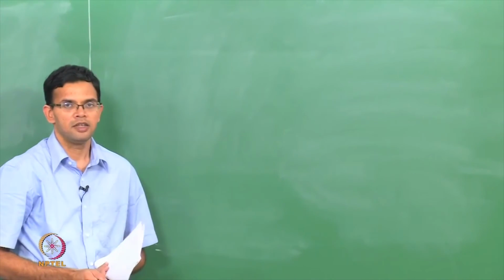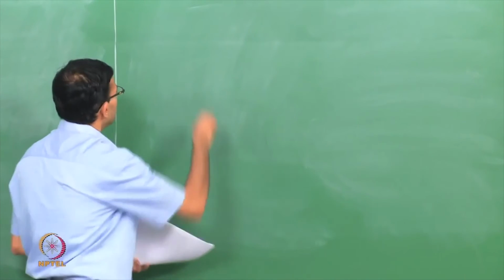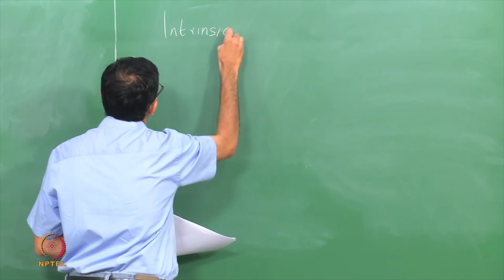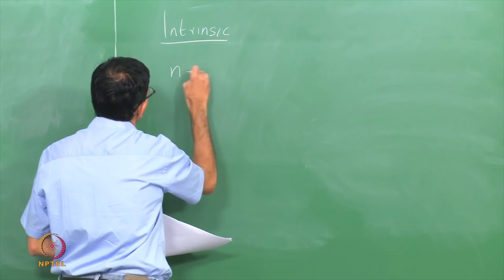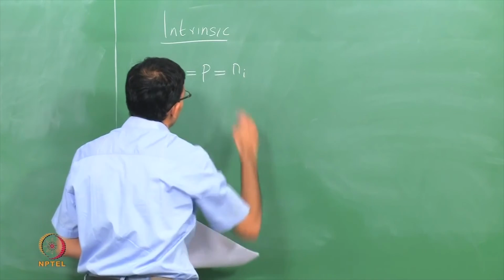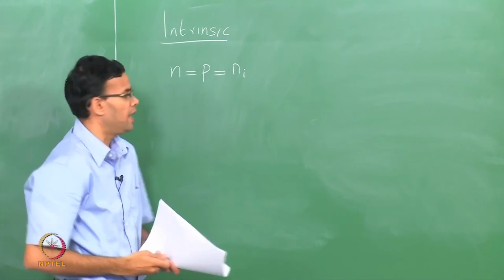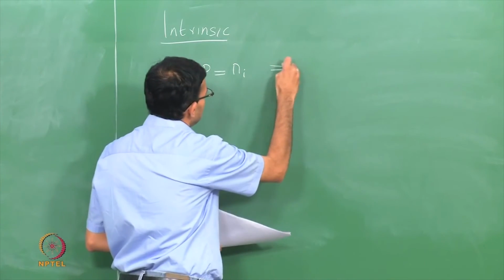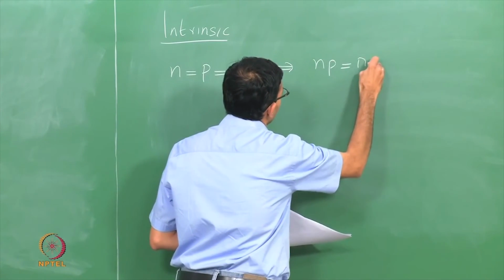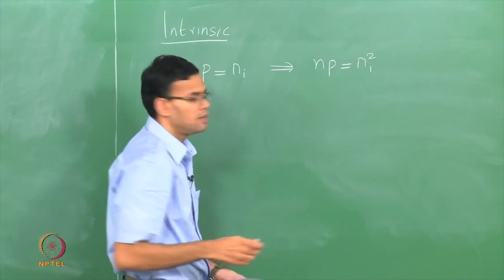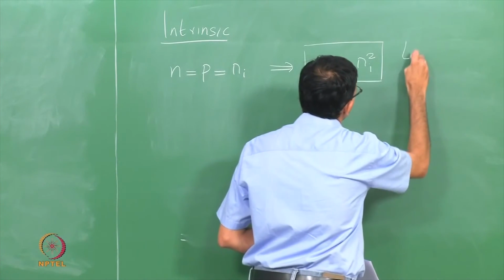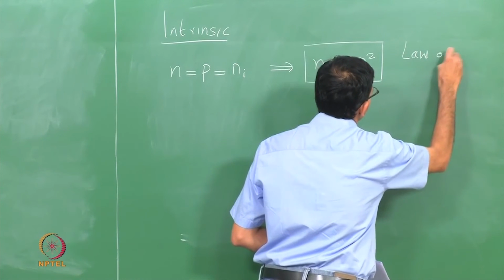So, we saw that in the case of an intrinsic semiconductor, n is equal to p. So, electron and hole concentration is the same, which is equal to Ni. This generally can be written as np equal to Ni square. This is called the law of mass action.